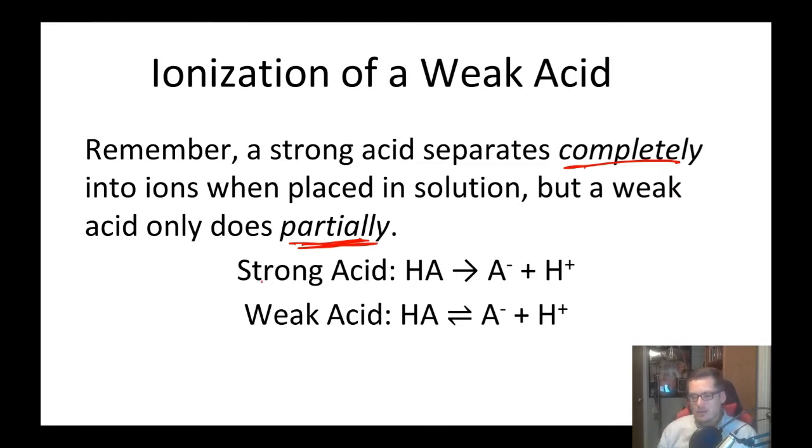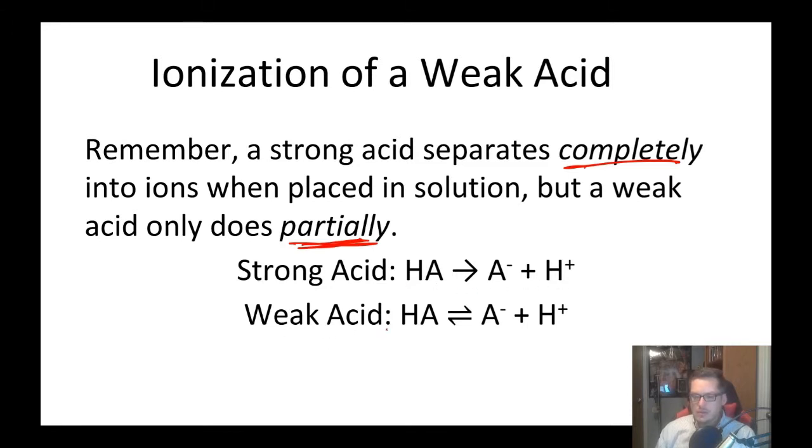And so those 7 strong acids dissociate completely. Remember our acids are proton donors, so a lot of times we'll put an H in front of whatever it is, saying that that is the proton that can leave. So we have an HA that goes to A minus and H plus. This is the generic way to write out acid equations.